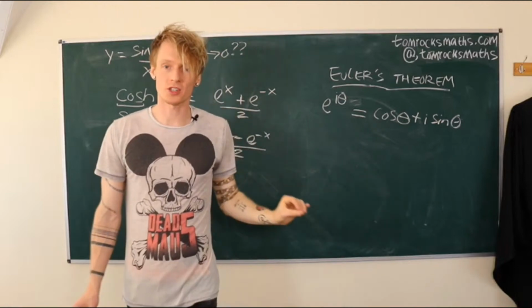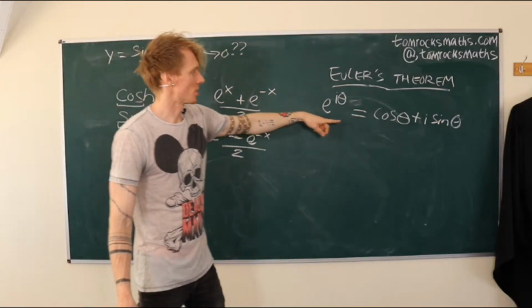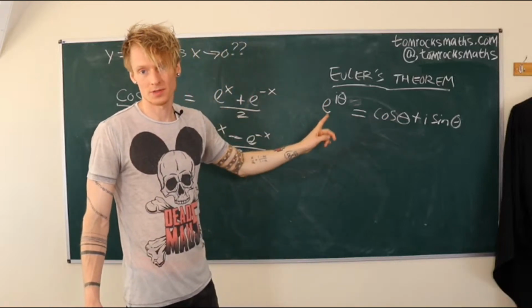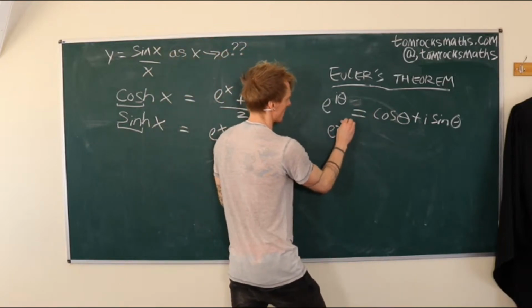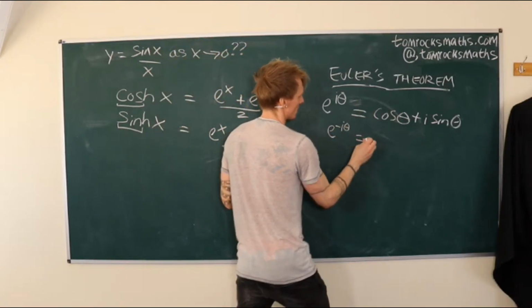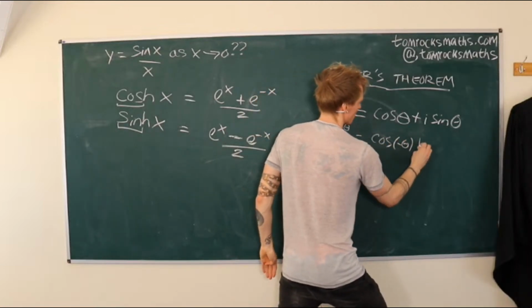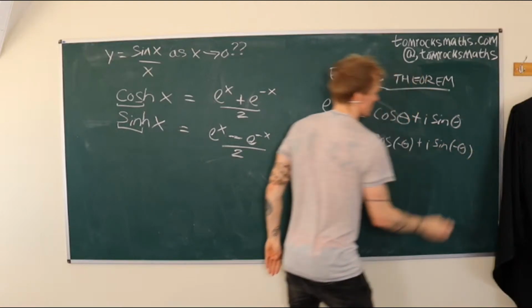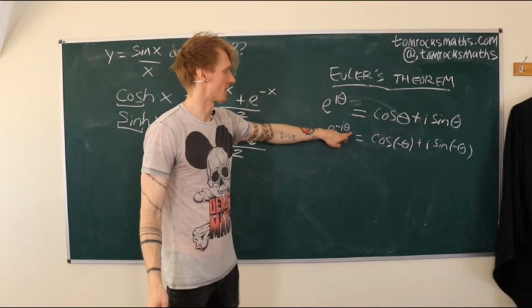So if you assume that's true, we can now rearrange to express cos in terms of exponentials. If this is e to the i theta, then e to the minus i theta is by definition cos of minus theta plus i sine of minus theta. I'm just replacing theta here by minus theta.